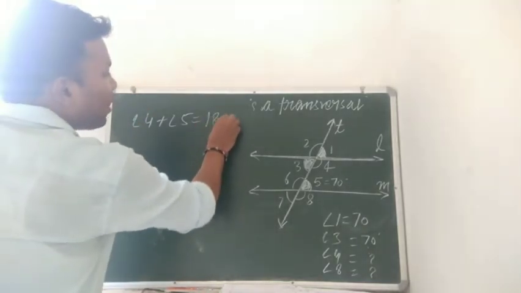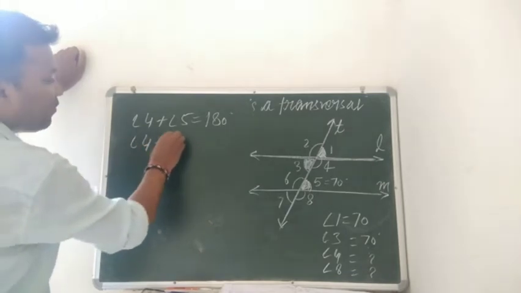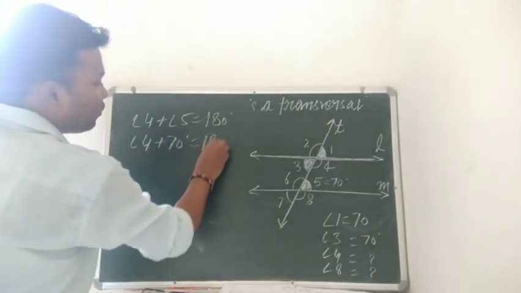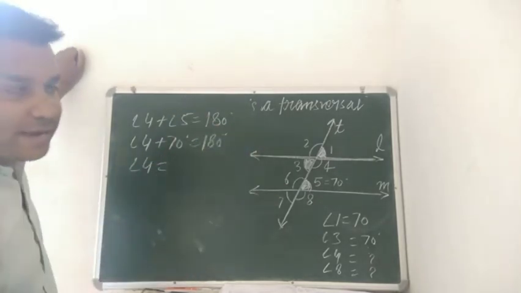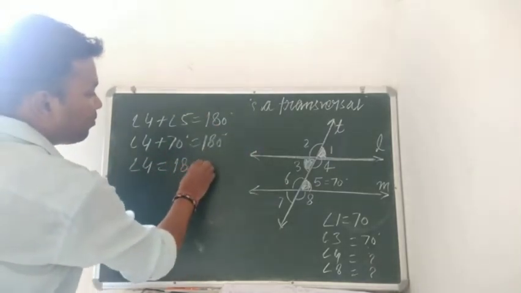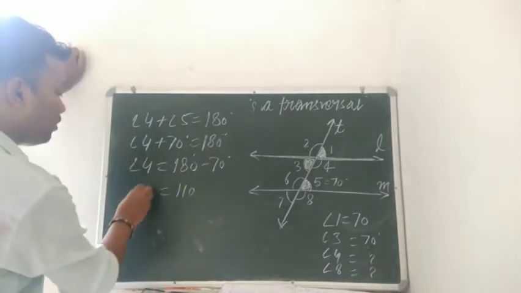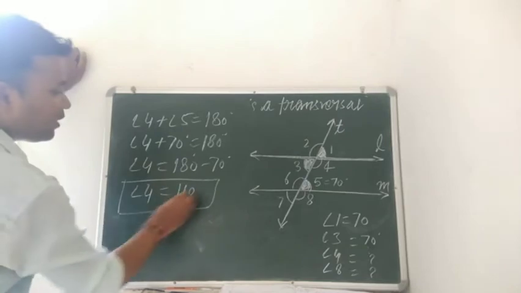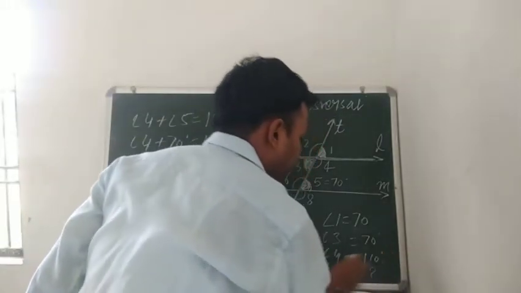So angle 4 plus angle 5 will be equal to 180 degree, and angle 5 is already given as 70 degree. So with the help of this we can find angle 4. We will take this 70 to the right hand side and it will become minus 70 degree, and we will get the value of angle 4 as 110 degree. So the value of angle 4 will be 110 degree.